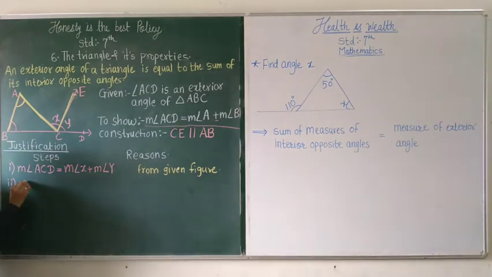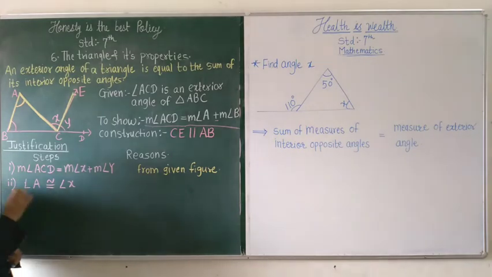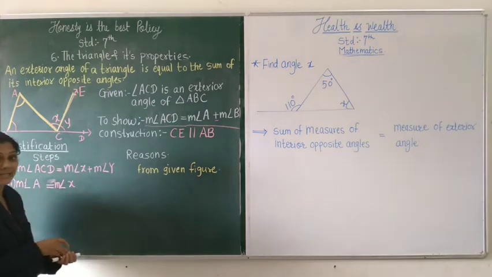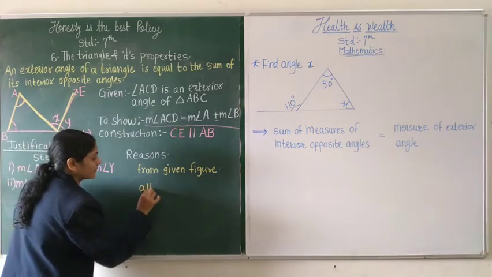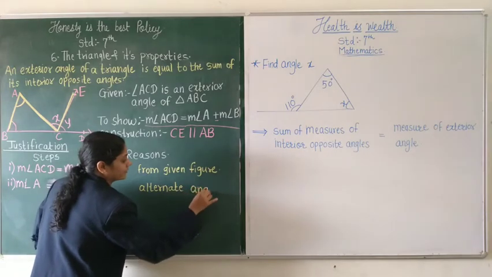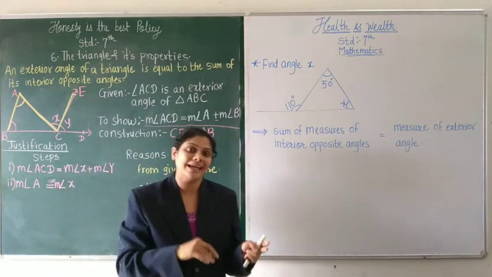So we will write here angle A is congruent to measure of angle X. And what is the reason? These are alternate angles. Okay, so like that we have found the relation between A and X.